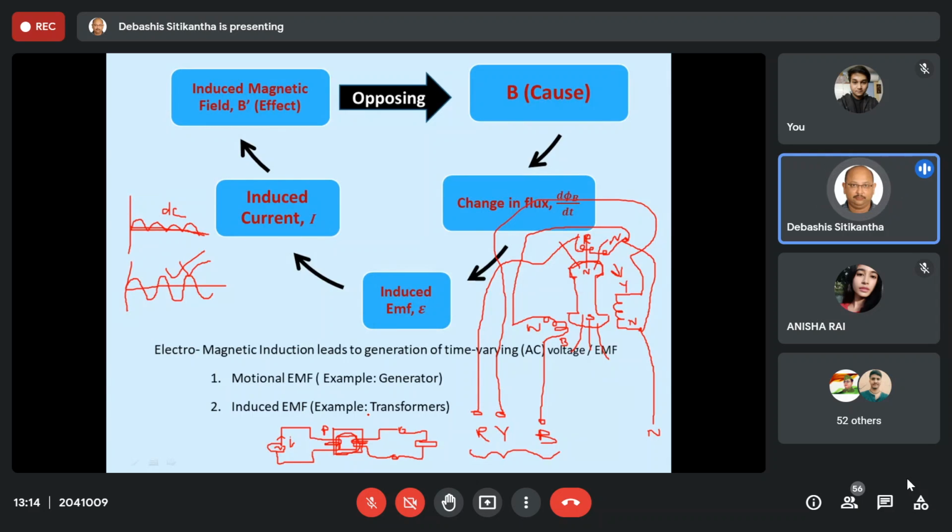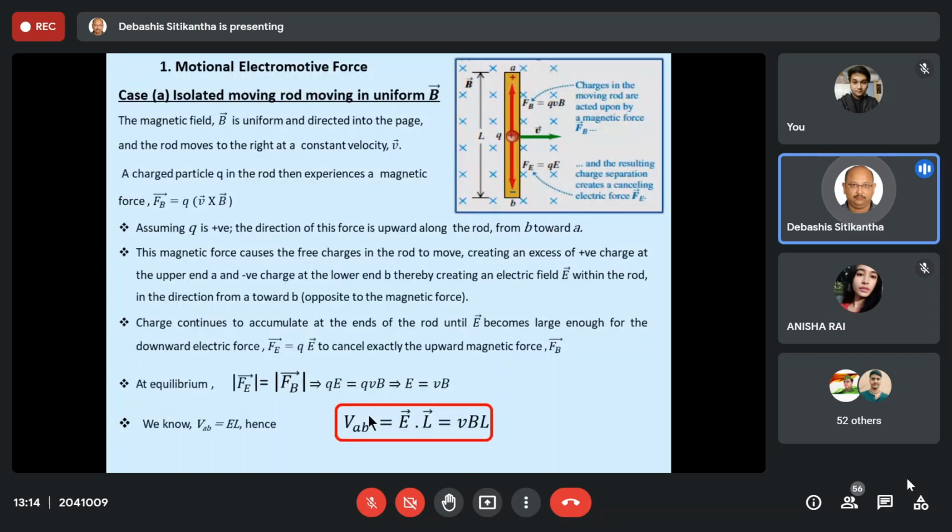Let us now throw some light on motional EMF and transformational EMF in detail. So let's first go for motional electromotive force. Over here we will concentrate on two types of generators. One is a very simple one, that is an isolated rod moving in a uniform magnetic field.